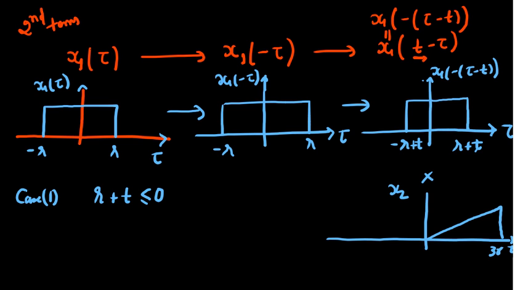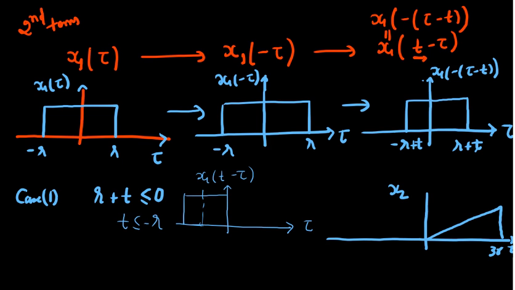So how would this signal look? If you draw it, it means when t is less than or equal to minus r, your x1(t minus tau) would look like this.